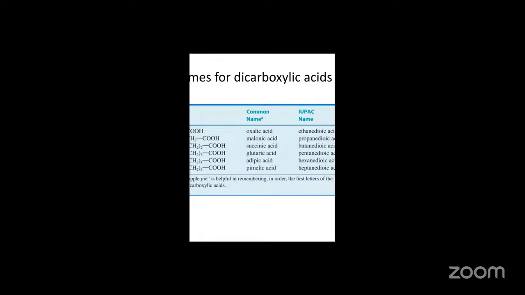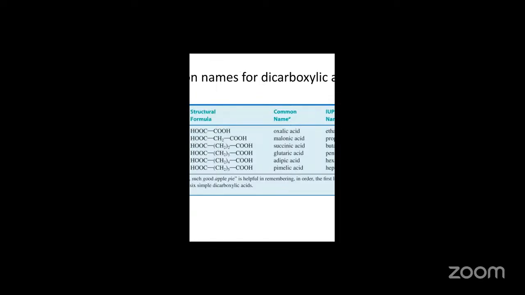We have ethane because when carbon is 2, it is called ethane. So we call it ethane that has 2 carboxyl functional groups. That's why I call it ethane dioic acid. When N is 3, we're talking about propane dioic acid. When N is 4, it is when carbon is 4 because N is 2. So remember, the IUPAC name is by the number of carbon, not number of N.